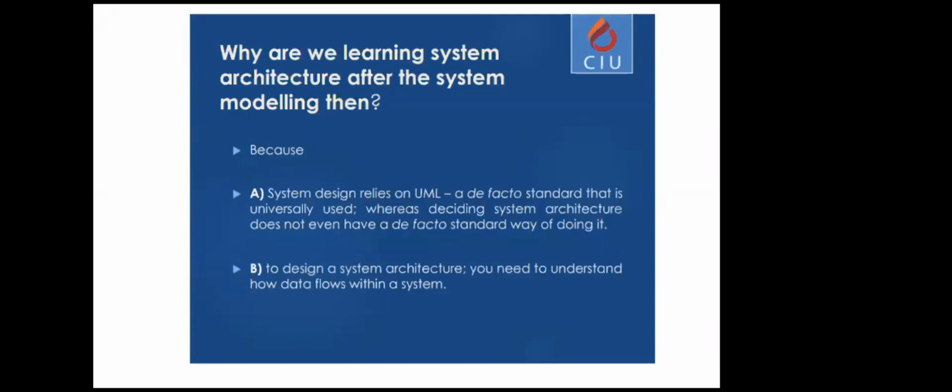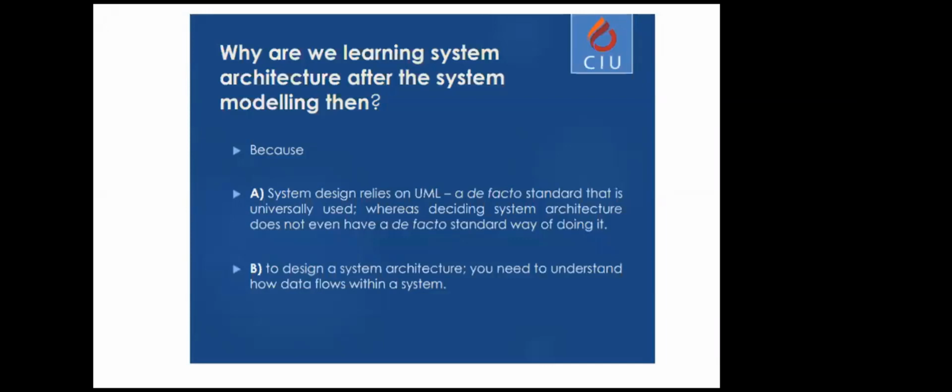Also, to design a system architecture, you need to understand how data flows within a system. So a data flow diagram is technically drawn just after you decide the architecture. I would say it is very intertwined, very connected to system architecture.